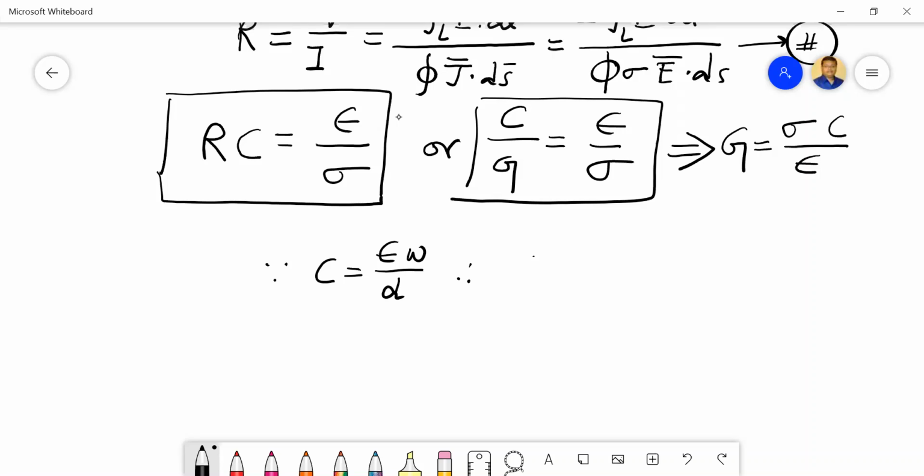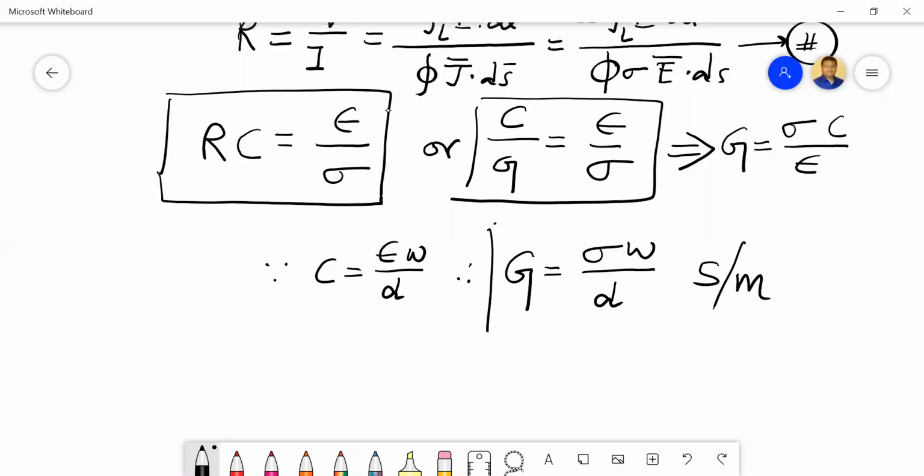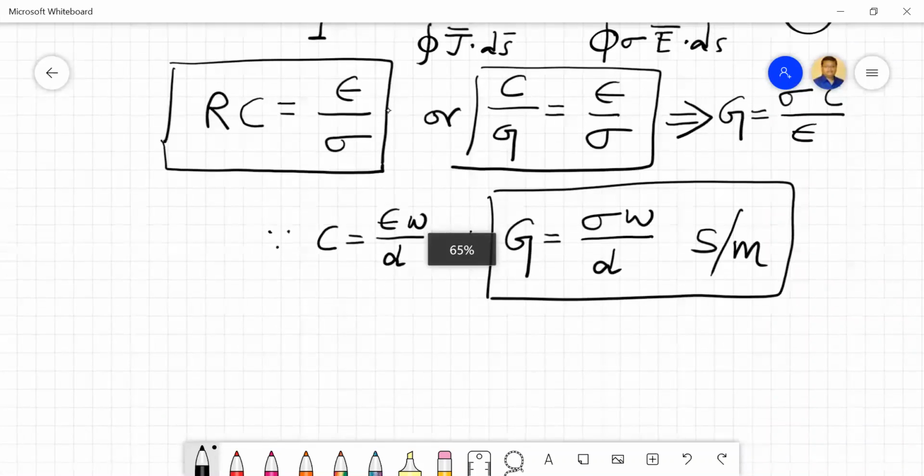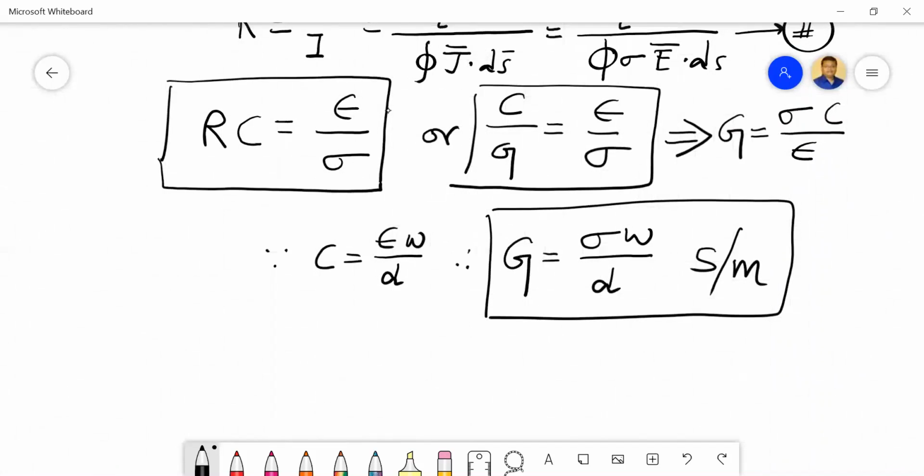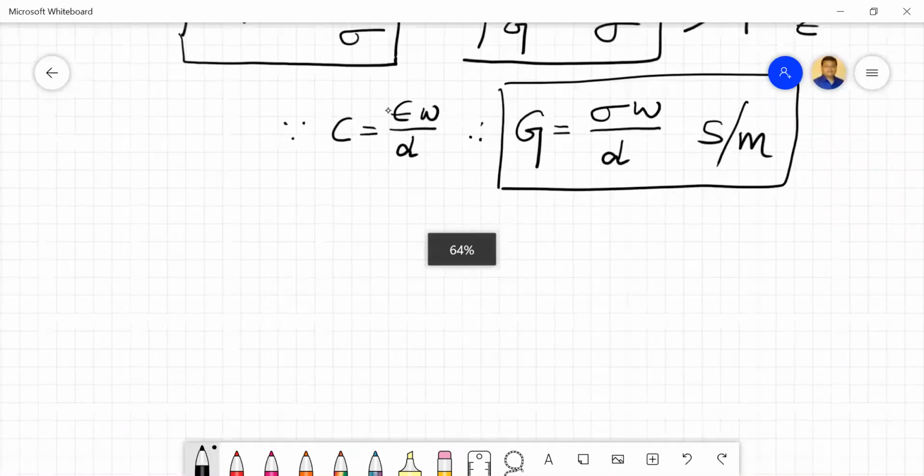So we can also write G as sigma W by d. This is in Siemens per meter. So basic relation we established here, if you see. So now we have a relation between R and C, C and G, in terms of the given parameters. Correct? Now what is next?